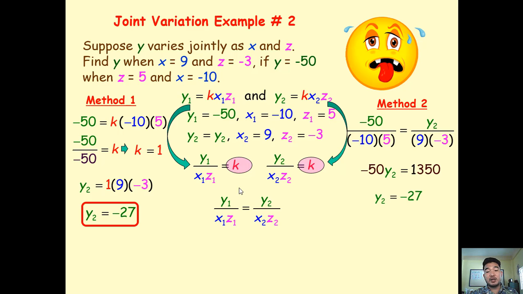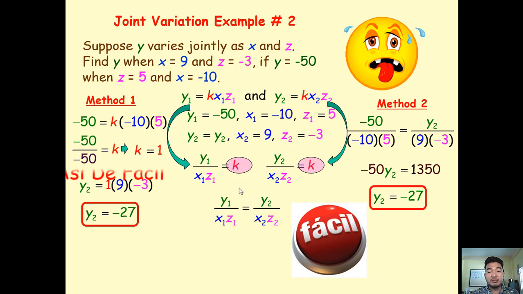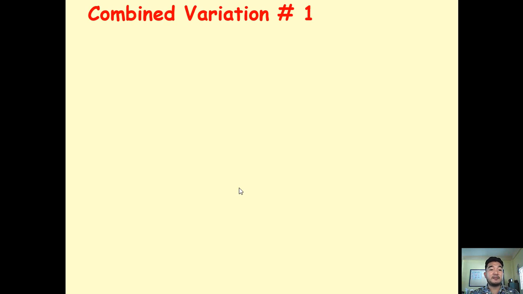Then divide the whole equation by negative 50. So you will have an answer of negative 27. That means method 1 or method 2, either of the two, you can use whichever is easier and more comfortable for you, because you will arrive at the same answer anyway.